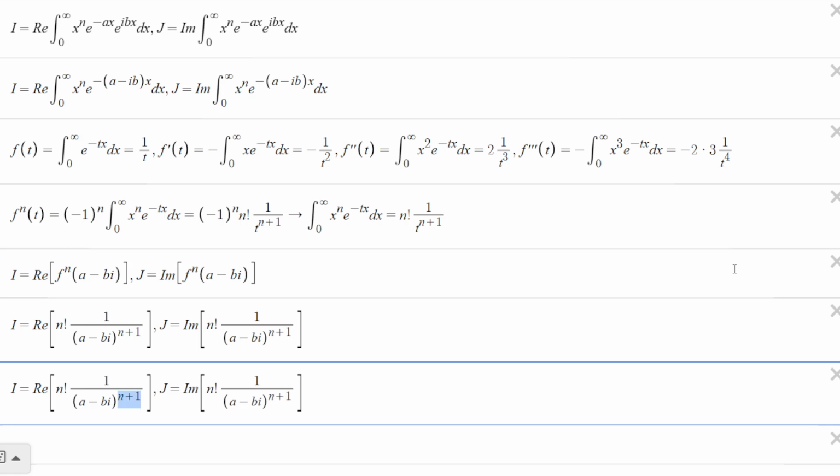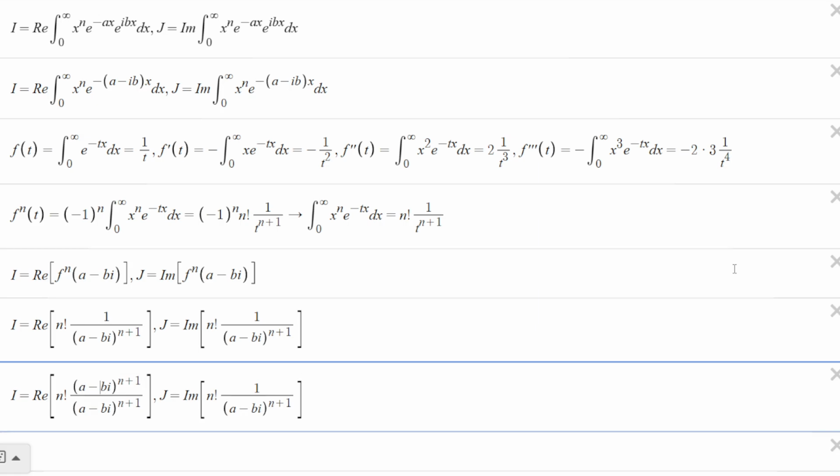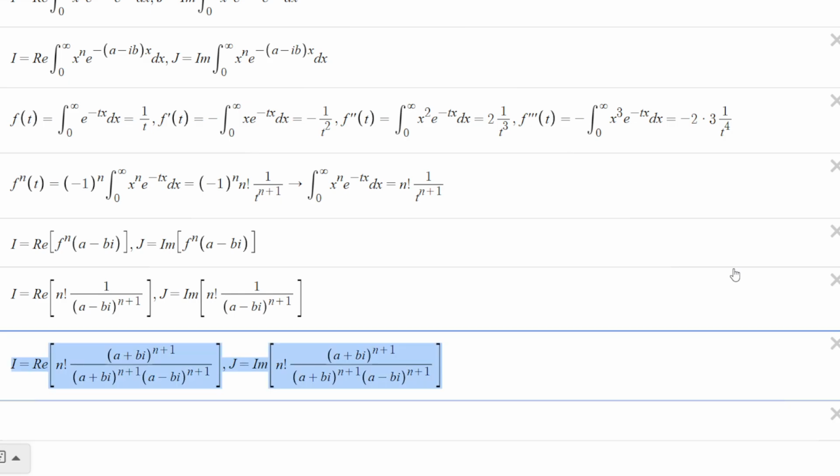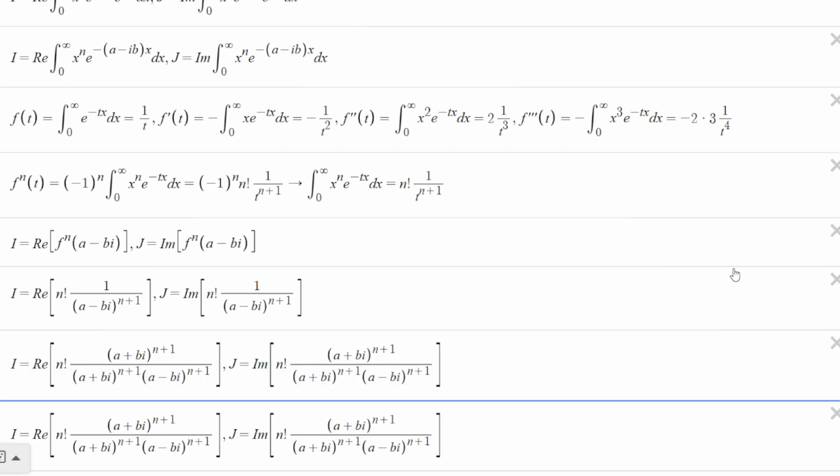So let's do that. And then our J will just be the imaginary part of this same thing. All right, great. Okay, so now let's take care of the bottom part of both of these. That's going to give us a squared plus b squared to the n plus 1.